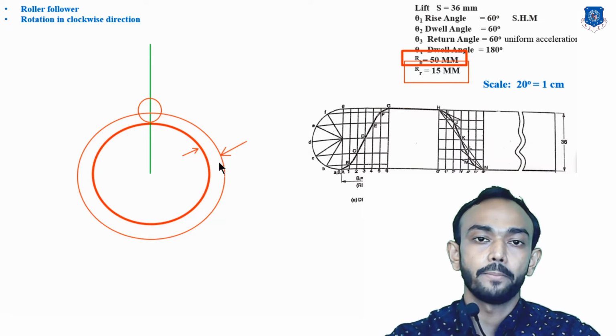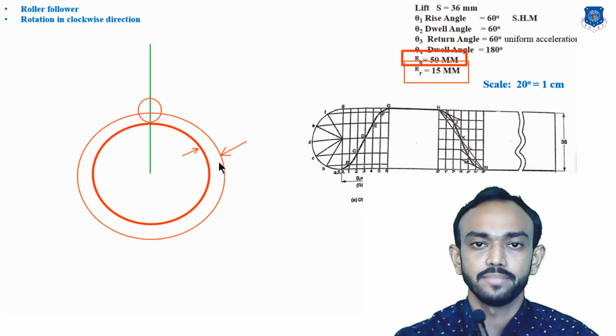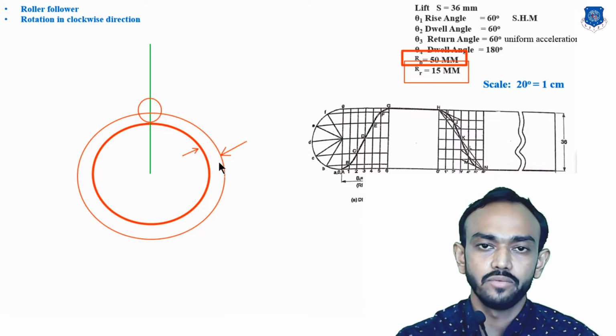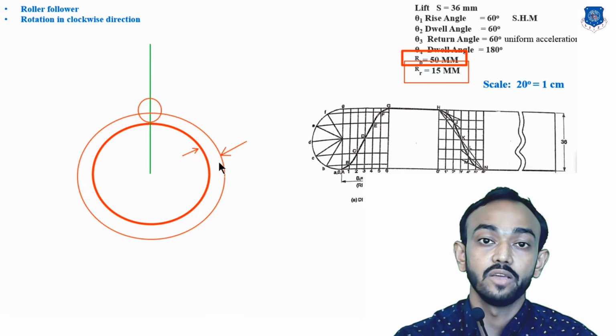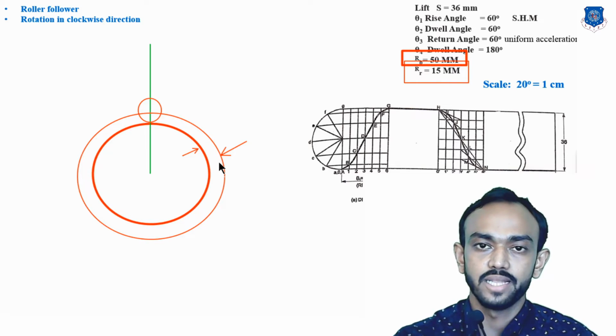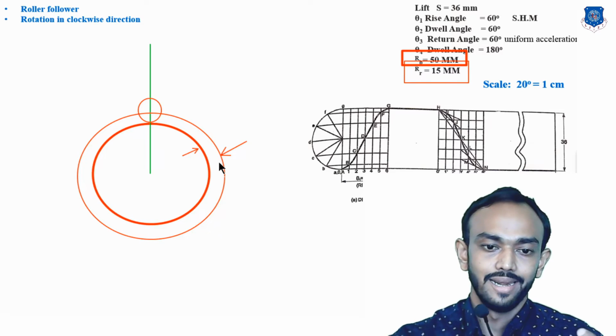This is known as the prime circle, and all the measurements we are going to take from the prime circle. Remember that in a knife edge follower, all the partition notation is given on the base circle, but in a roller type follower we consider the prime circle for the notation and partition. Okay, let's start.